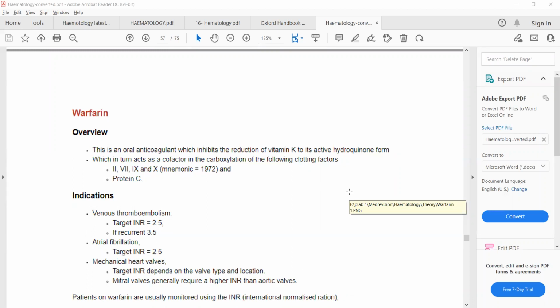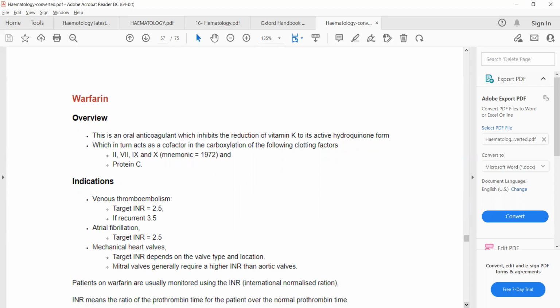So when vitamin K is not converted into its active form, factors 2, 7, 9, and 10 will not form, resulting in the deficiency of these clotting factors, and the person's blood will get thinner or he will get a tendency to bleed.